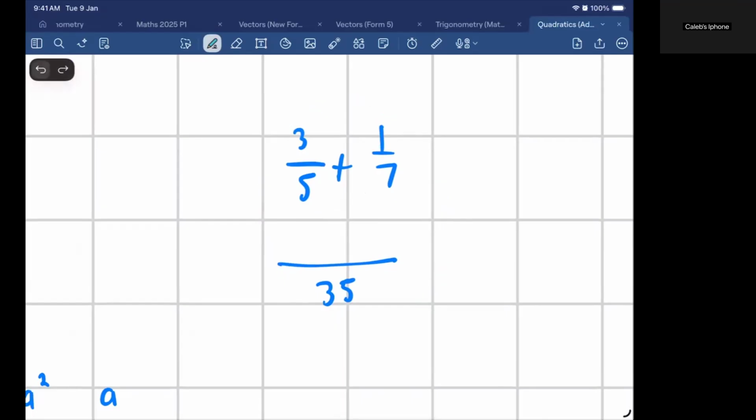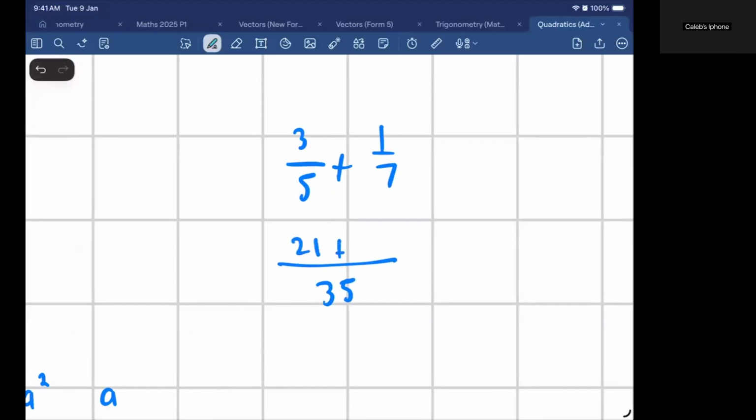Do you remember how you would find the LCM and work it out? Tell me, how am I going to figure out what number is going to come over there? 5 into 35 is 7, and then you take that number and multiply by the top number. 7 by 3 is 21.